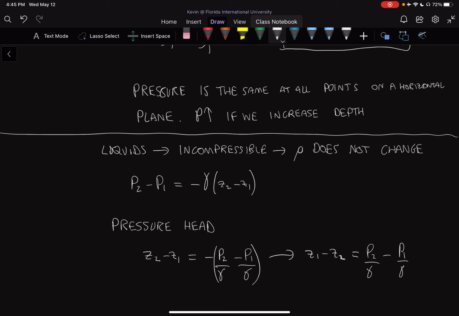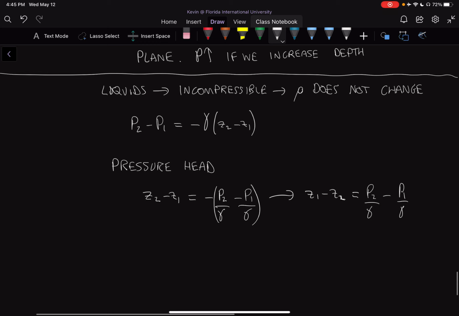And pressure head is a very good example of how we measure atmospheric pressure. Atmospheric pressure is not always measured as an absolute pressure. Sometimes it's measured compared to a vacuum, in millimeters.